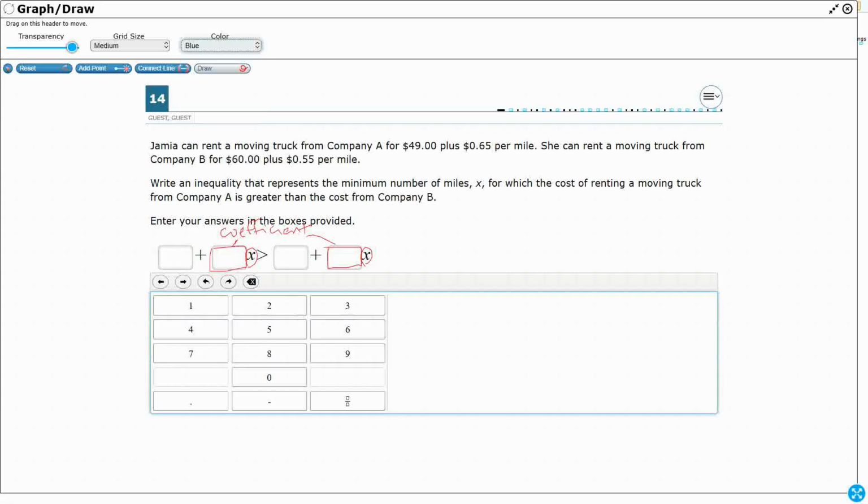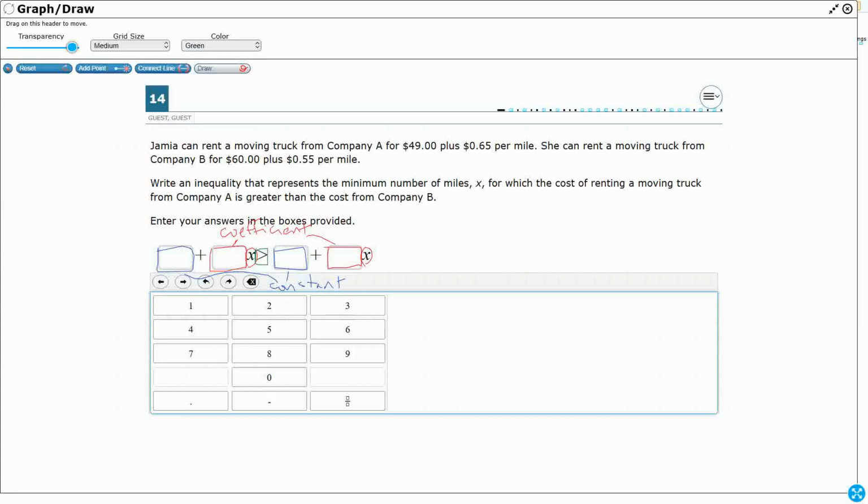And then we've got these two boxes with nothing. These are going to be our constants. If we're thinking of slope-intercept form, those would be our intercepts. And finally, we need to make sure we write whatever we want using that greater than symbol, because that's locked in.